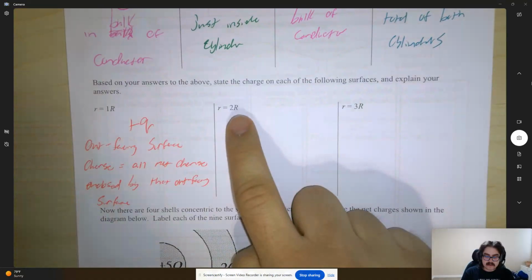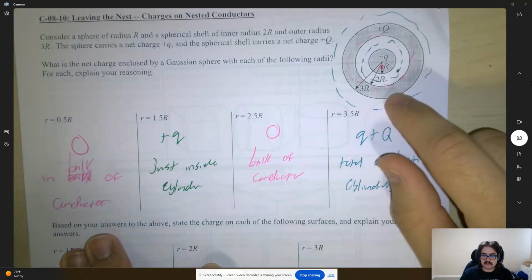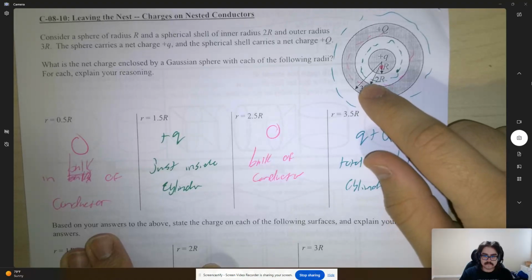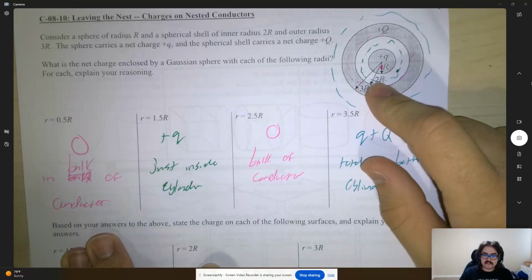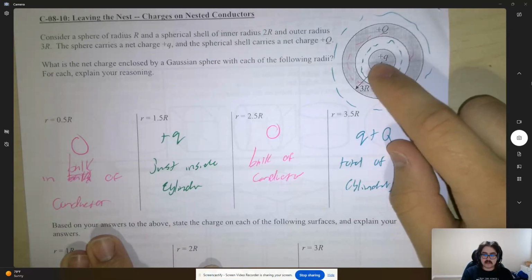If you're looking at the inside of the shell, the inside of the second cylinder, on the inside surface of that we're actually going to have equal and opposite charges to the positive charges on the inner shell.